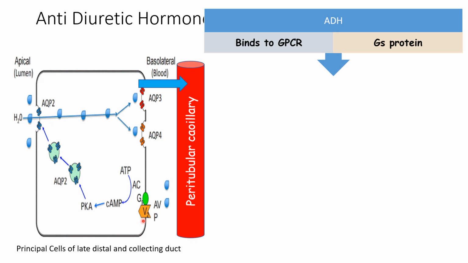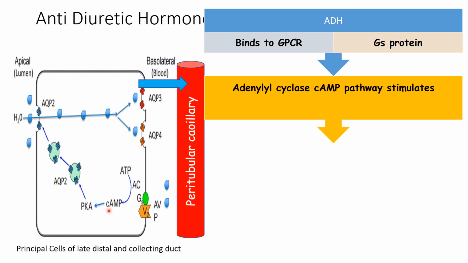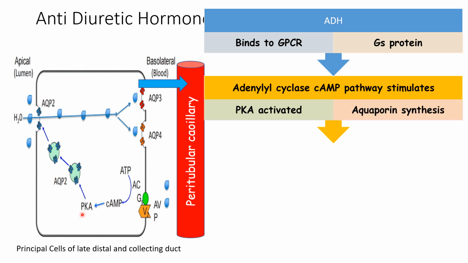The protein is Gs, or the stimulatory protein, leading to the formation of cyclic AMP by conversion of ATP into cyclic AMP, which will activate protein kinase A. Once protein kinase A is activated, we know it will lead to the increased synthesis of the aquaporin channel by acting at the level of genes, or bringing about the activation of already present aquaporin. So what will happen?